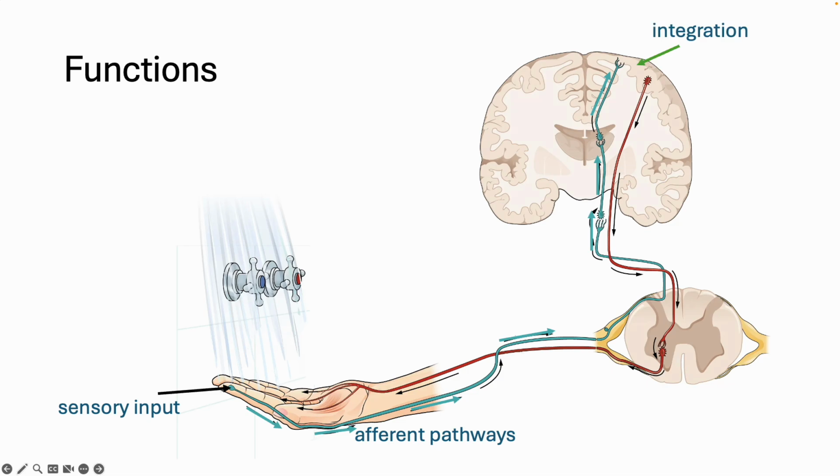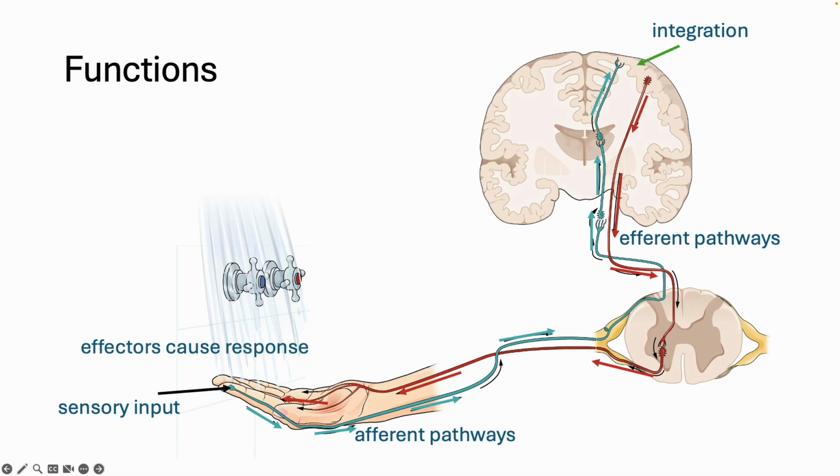Integration, this is going to occur primarily in the central nervous system, where processing and interpreting of that sensory input is going to occur, and ultimately a response is going to be developed at the control center within the brain. Then there are the efferent pathways where the motor output will travel to ultimately the effectors.